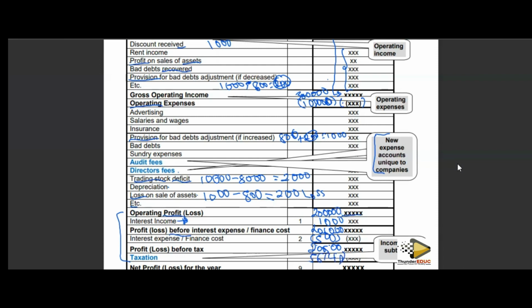I'm just giving an example. So that will be our tax we are paying, okay?